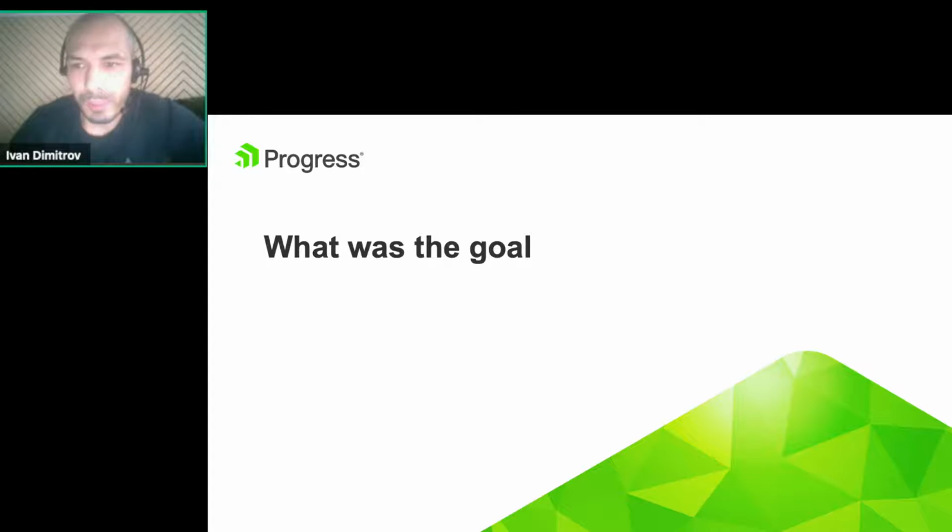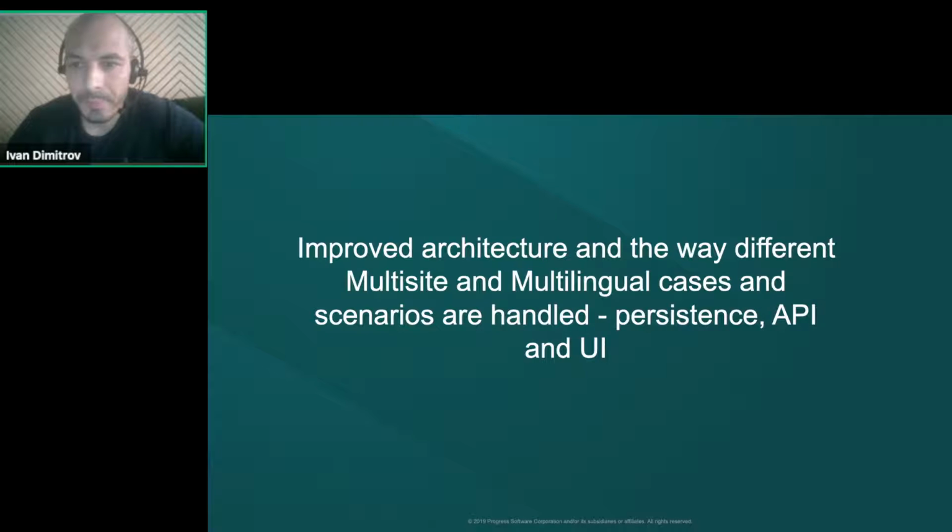So what we wanted to achieve was improved architecture and the way that different multi-site and multilingual cases and scenarios are handled. The changes are related to persistence, API, and UI.